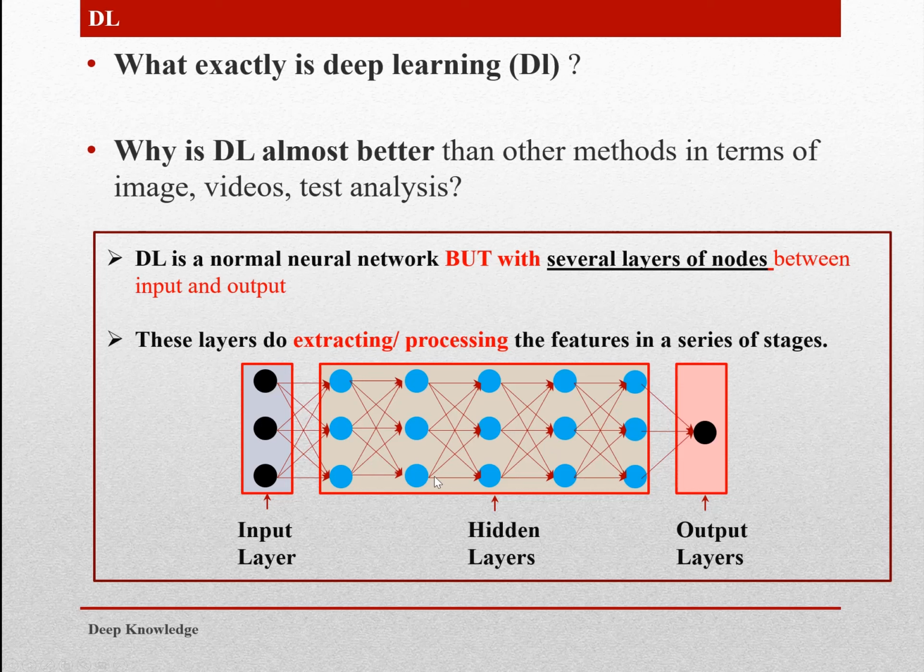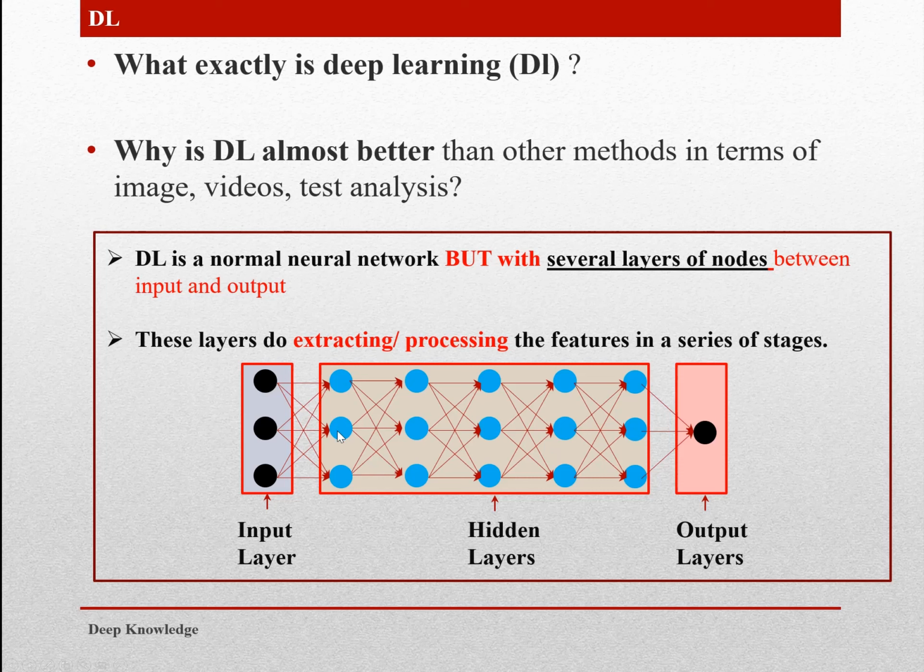But in deep learning, you might have thousands of hidden layers, and you have input, hidden layers, and output. The input layer is not considered a layer; it's just the input. So how many layers do we have here?